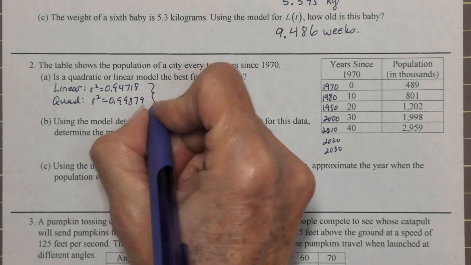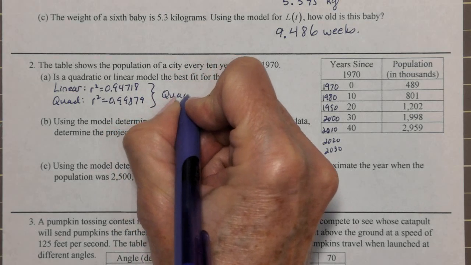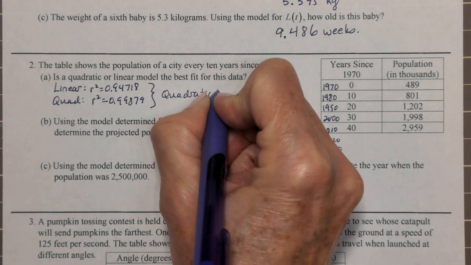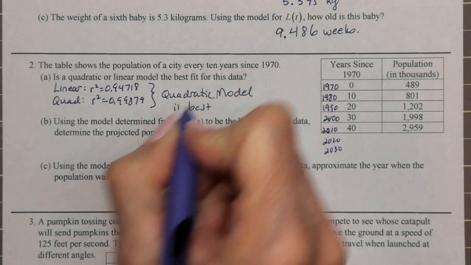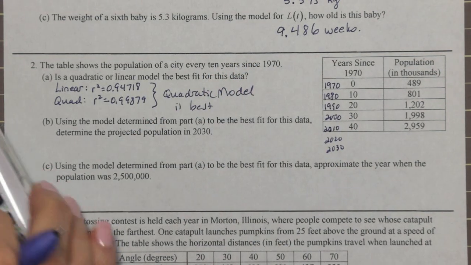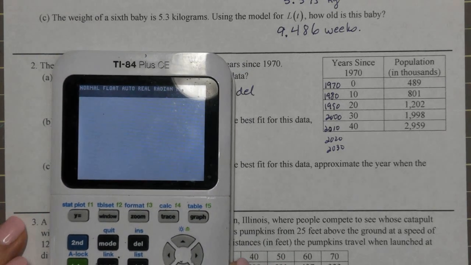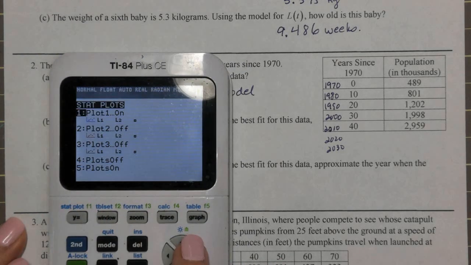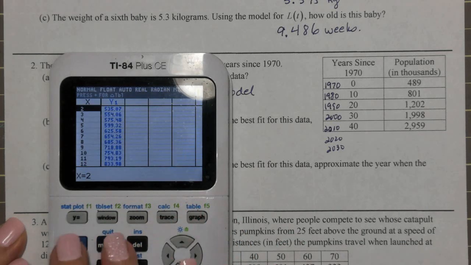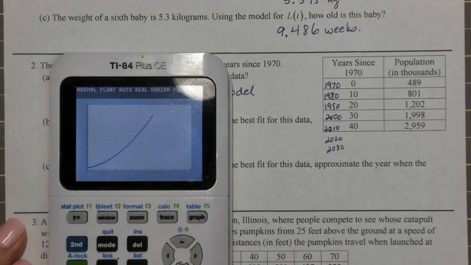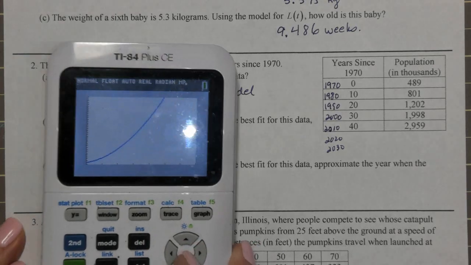So quadratic model is best for these points. I don't like to see that stat plot on, so I'm going to go in and turn that off. So I just have the curve and no points.